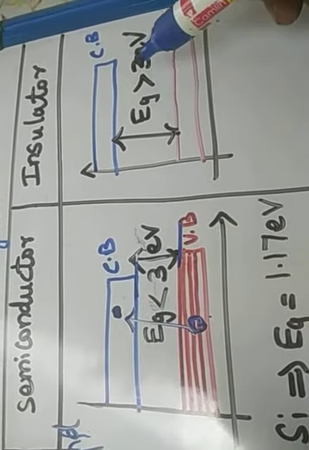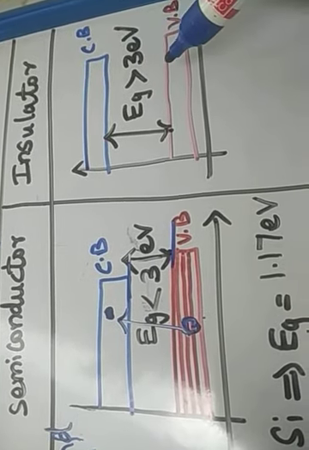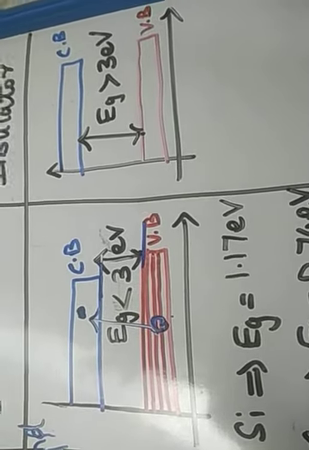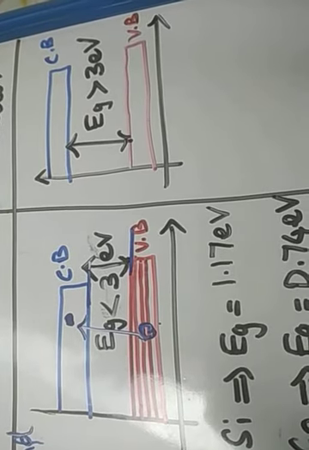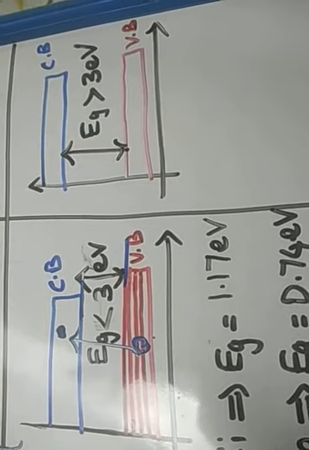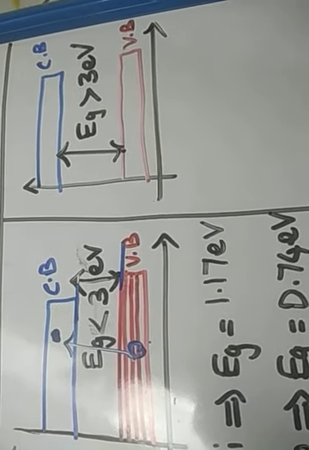For insulator, the energy band gap is greater than 3 electron volt. Even if you increase the temperature to higher temperatures, the material may melt, but the valence orbit electrons never come out, because in insulators mostly it is the octet structure, a stable structure.